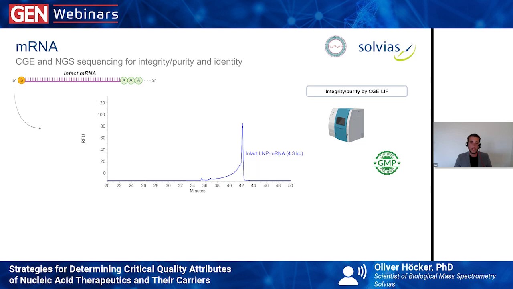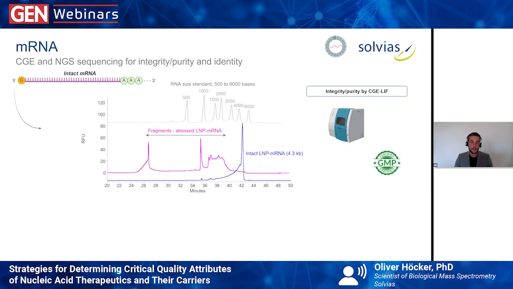And we see for the intact mRNA more or less a sharp peak with some side peaks. We also stressed or stored the mRNA in the fridge at 2 to 8 degrees Celsius for a year. And the pink trace shows the stressed sample. So we see the large single peak disappeared, and we have a lot of fragments.